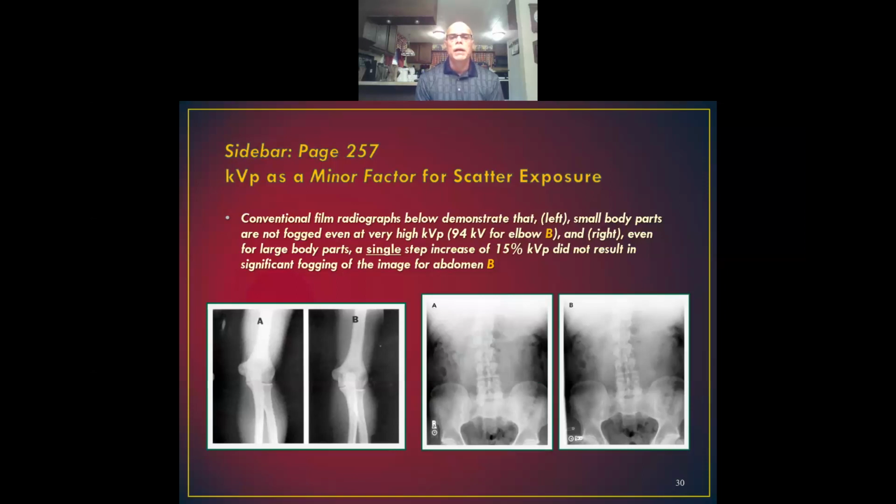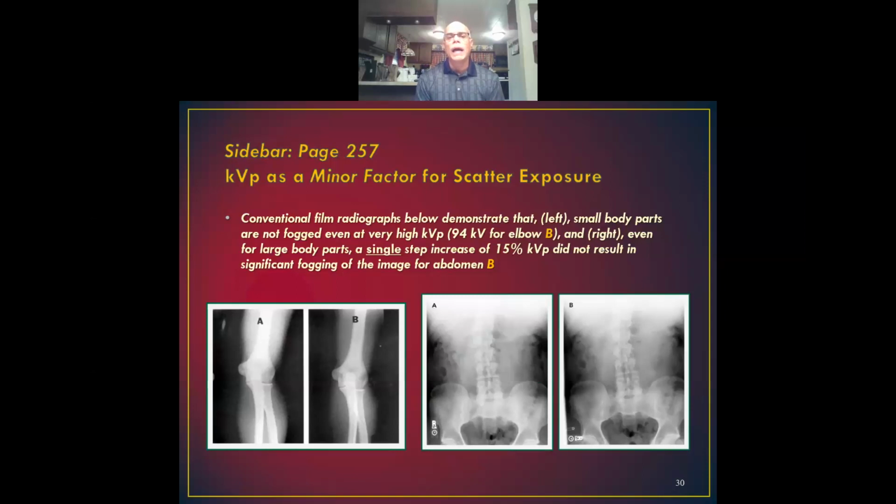But this experiment here shows you that with small body parts, like the elbow, it says small body parts are not fogged at very high KVPs. The second elbow, B, was actually done at 94 KVP. There is absolutely no scatter. Notice there is a change in your scale of contrast. You can see the soft tissue is starting to darken a little bit.